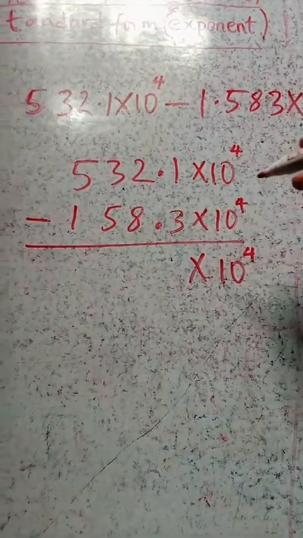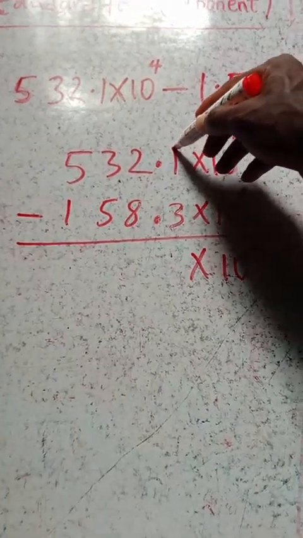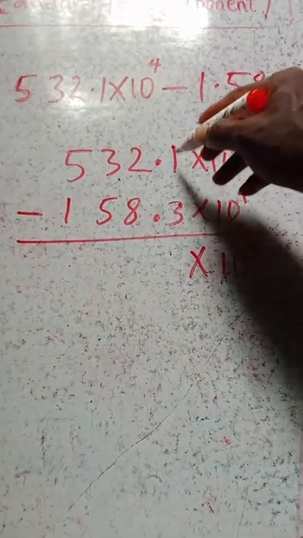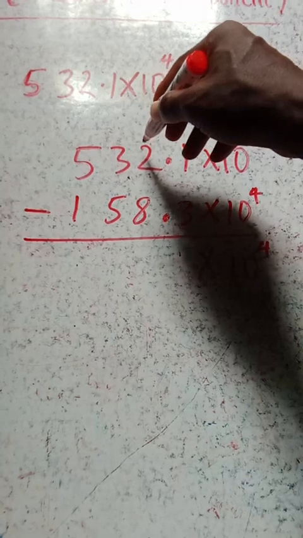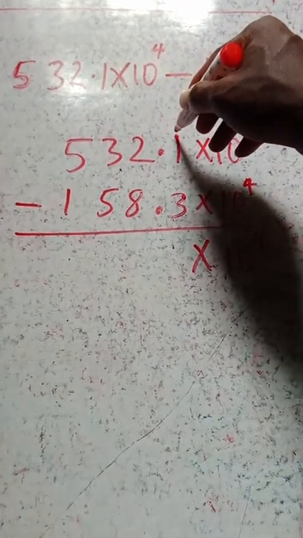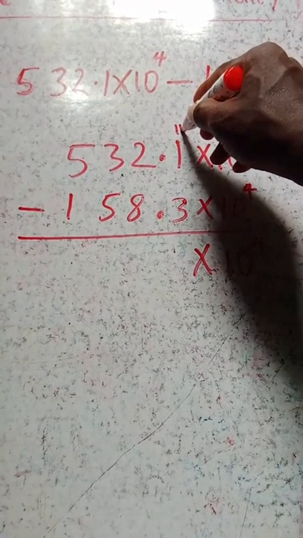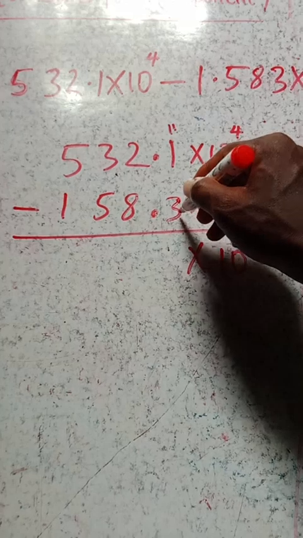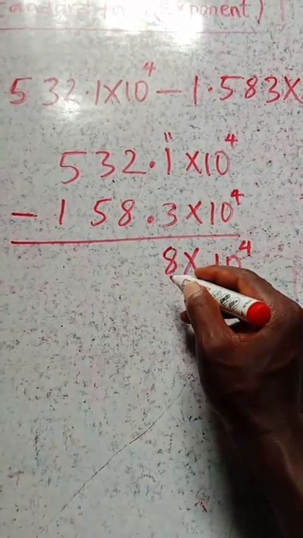Then you subtract the numbers. Now, 1 subtract 3, you know you cannot, so it will borrow 1 from 2. This becomes 11. 11 minus 3 is 8.